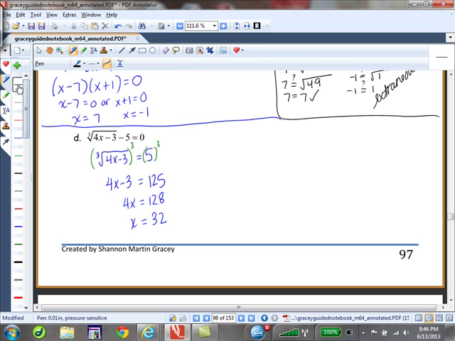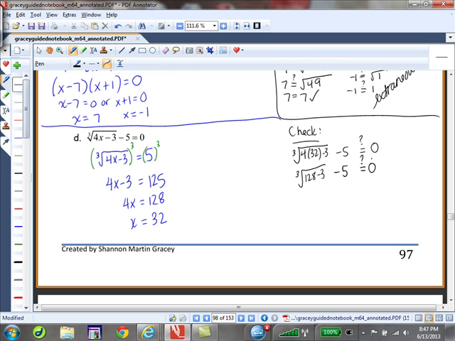So checking our solution, we will have, is the cube root of 4 times 32 minus 3 minus 5 equal to 0? So cube root, this would give us 128 minus 3 minus 5.